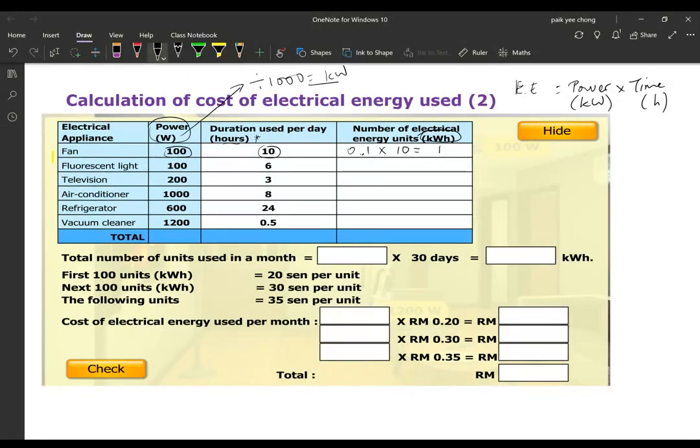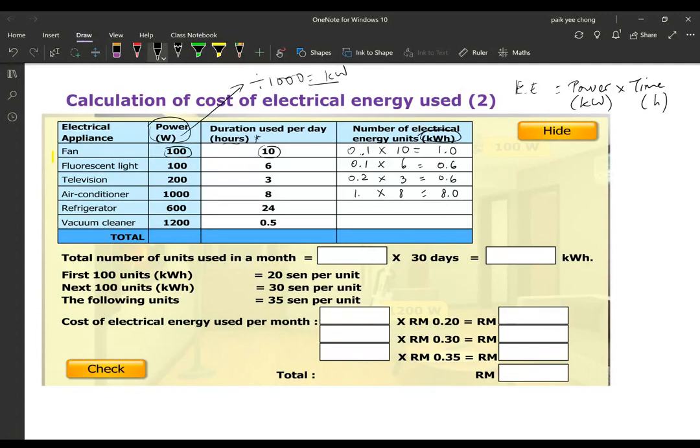For the fluorescent light, it's 100 divided by 1000, which is also 0.1, times 6, which is 0.6. For the television, 200 divided by 1000 is 0.2, times 3 hours, that would be 0.6. Air conditioner, 1000 divided by 1000 is 1, times 8, you will get 8 kilowatt hour.